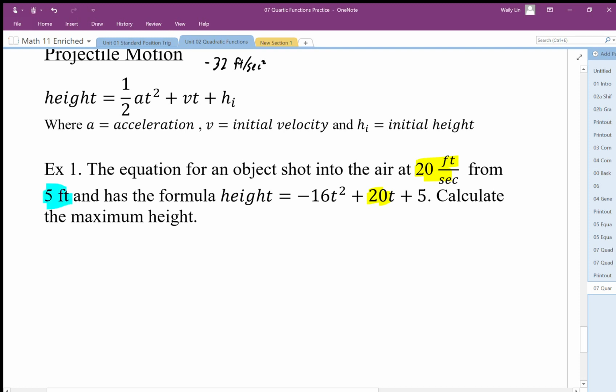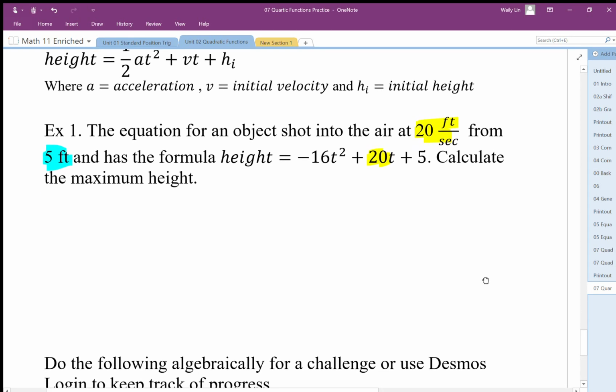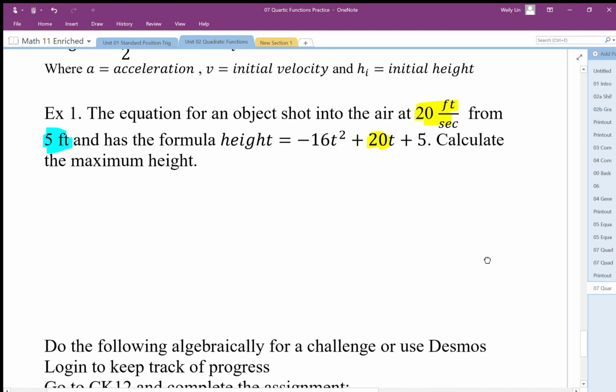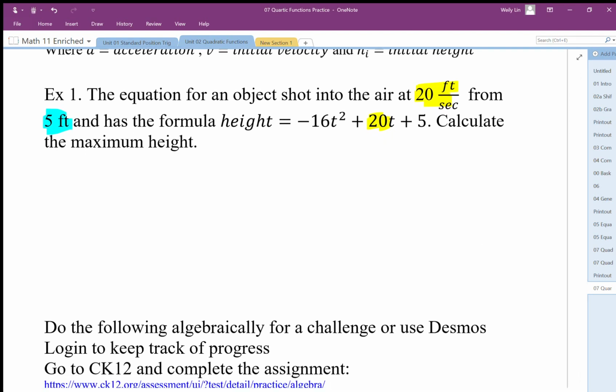We want to calculate the maximum height of this. We can do this using Vieta's formula to get the vertex, or we can complete the square. If you're having trouble with this, you can also use Desmos. But make sure you log in to the website so we can keep track of your progress.